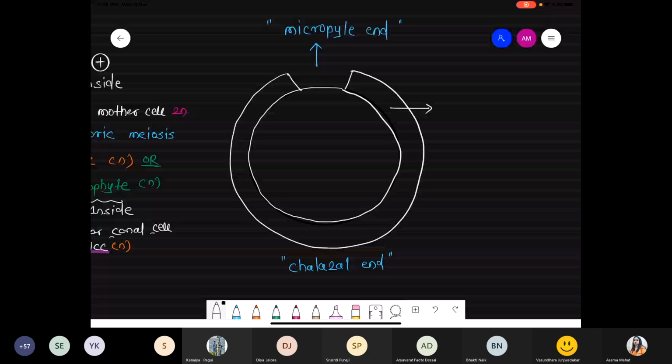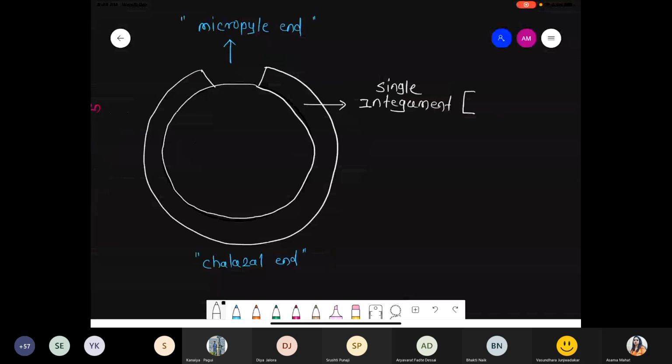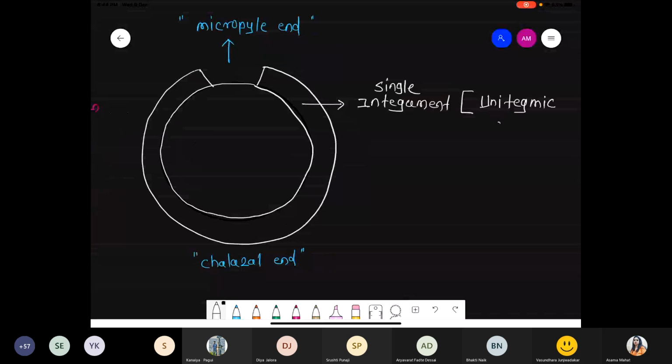Uni means single, tegmic means integument. This is called the unitegmic condition. Okay, first draw the diagram, I'll explain the entire thing. Let's now draw the gametophytic body.